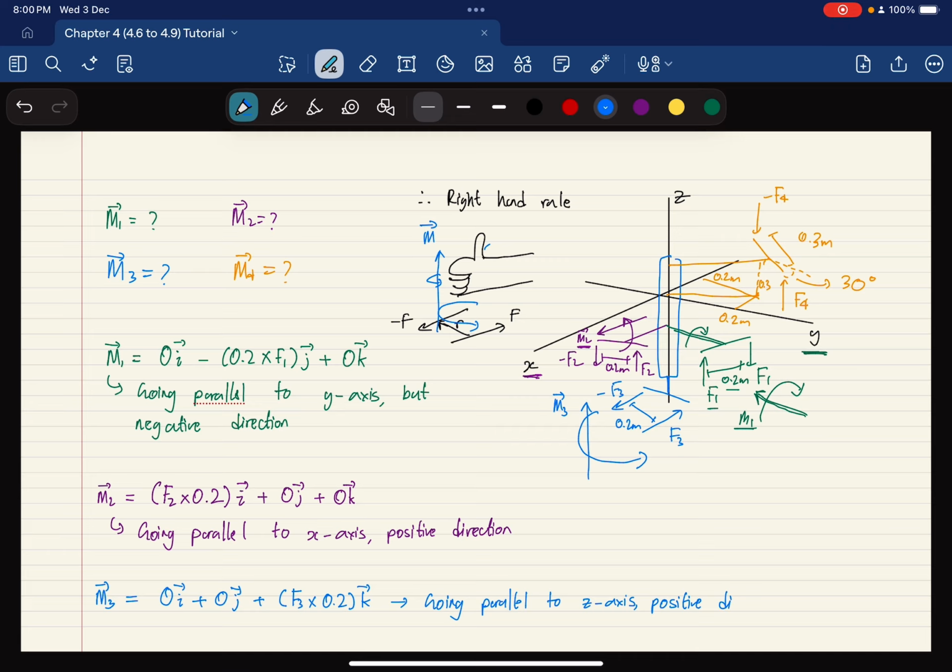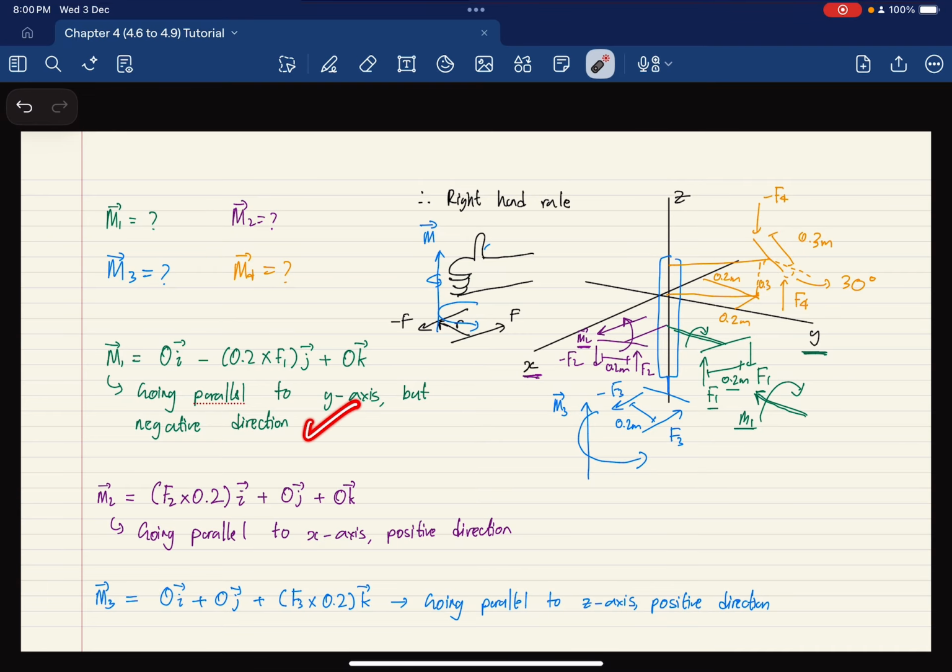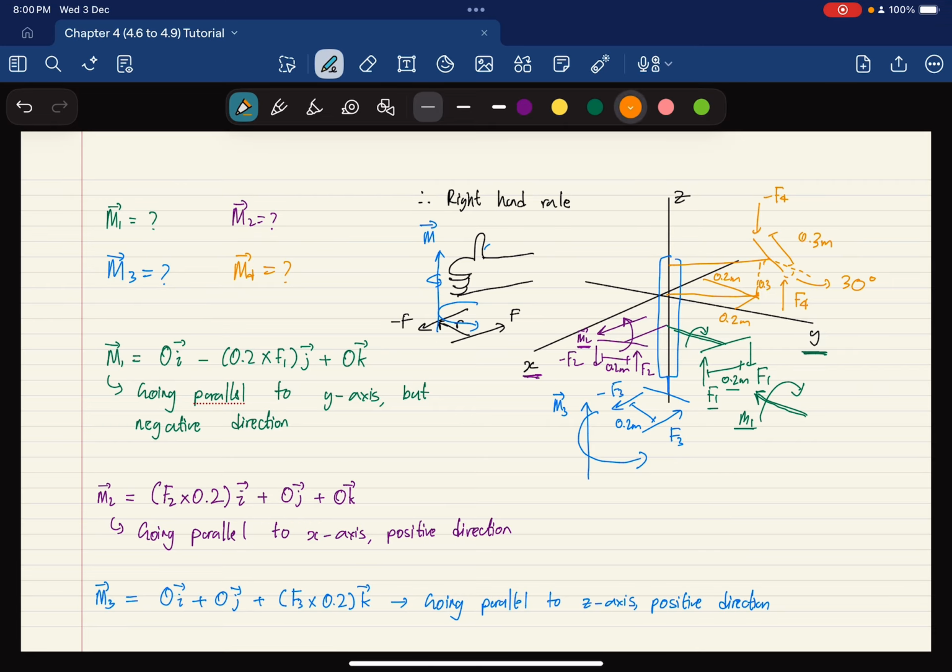All right. So far so clear about M1, M2, and M3. But how about M4? How do we deal with M4? Now that's the tricky part. For M4, we have to take a little bit of a look here.